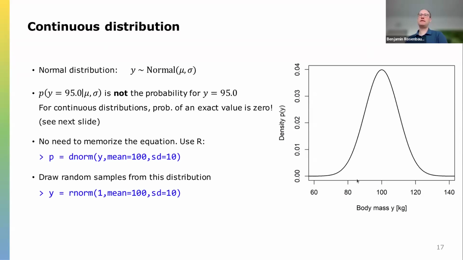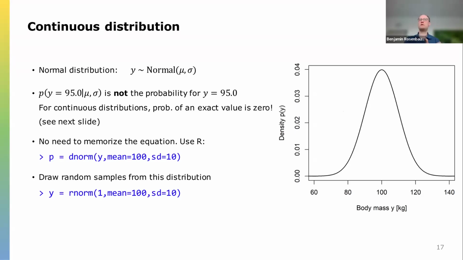Because this function at any given outcome, for instance at 95 kilograms, does not give you the probability that an individual that you choose randomly will be 95 kilograms. That's the weird thing about continuous distributions. The probability of an exact value is always 0. We will see on the next slide how we calculate this, but you can think of it this way.